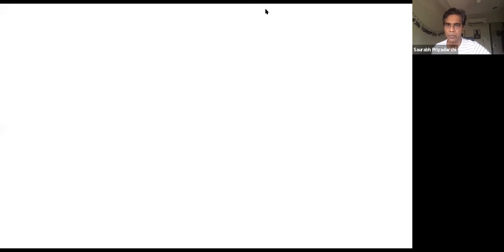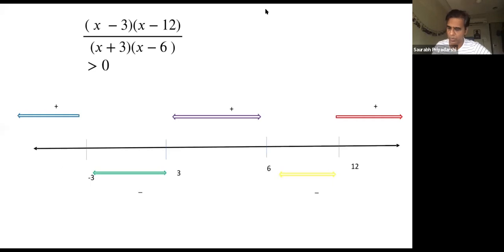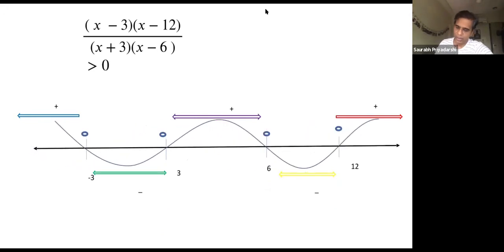See, right? You have to write down the answer of this, right? This all are coming, and you can see that this is coming positive, negative, positive, negative.